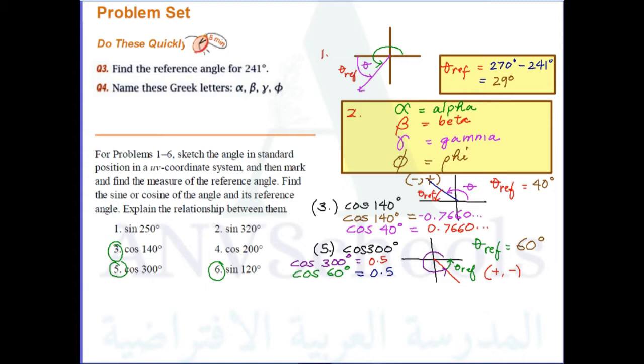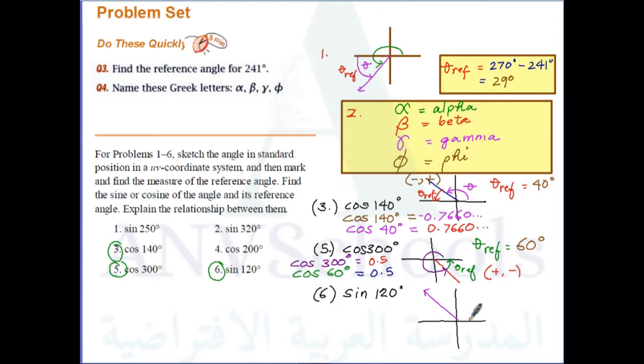Okay, so both are positive. For number 6, we have sine of 120 degrees. So what is sine of 120 degrees? It is on the second quadrant because it's in between 90 and 180 degrees.